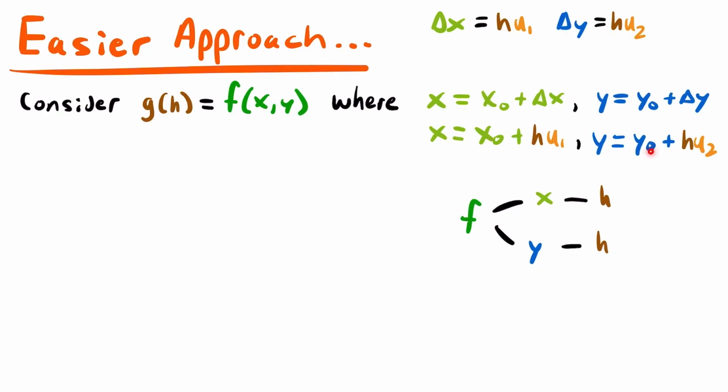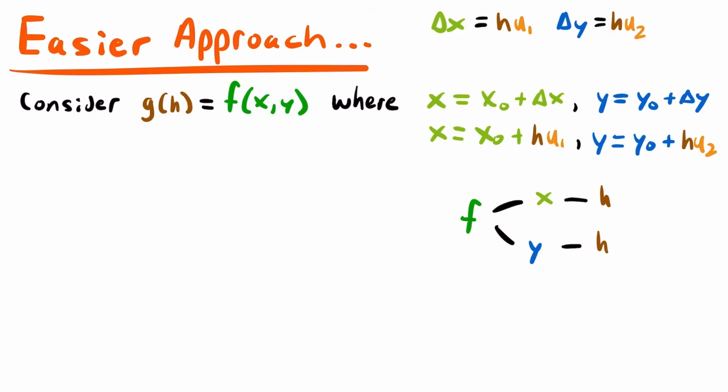Okay, x sub 0 and y sub 0 are just constants, and u sub 1 and u sub 2 would also just be constants. Alright, u sub 1 and u sub 2 are just the components of the unit vector, and x sub 0 and y sub 0 are just the x and y coordinates of the point where we want to find the slope of the tangent line on the surface in the direction of the unit vector.